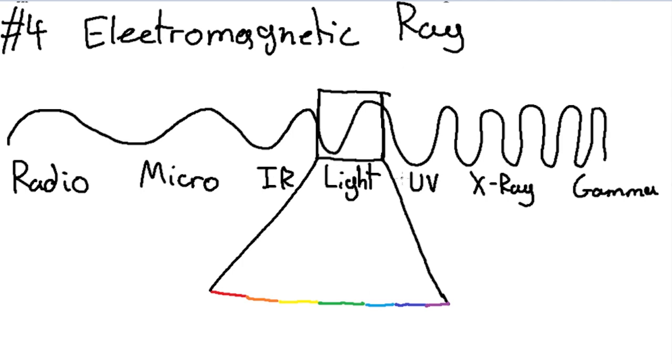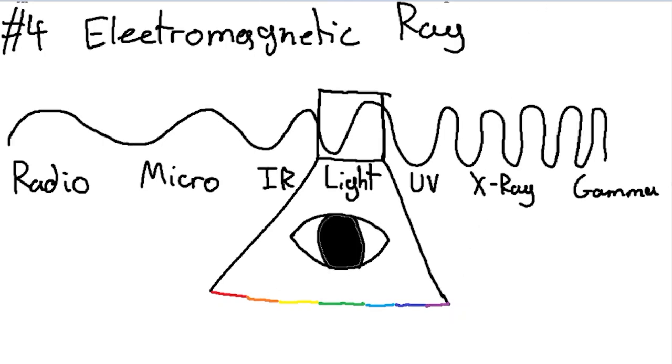And also, light is the only electromagnetic ray that humans can see, right? I'll just draw an eye here. So the only ray that's visible to human eyes. And radio, micro, infrared, UV, we can't see them, right?